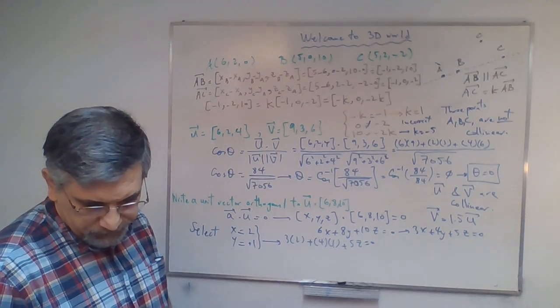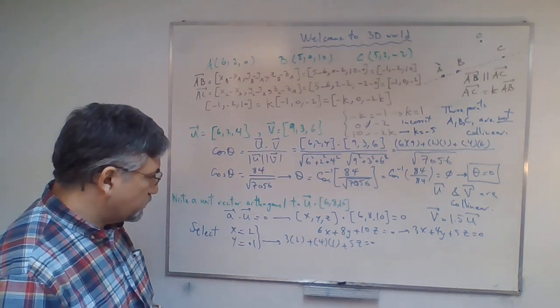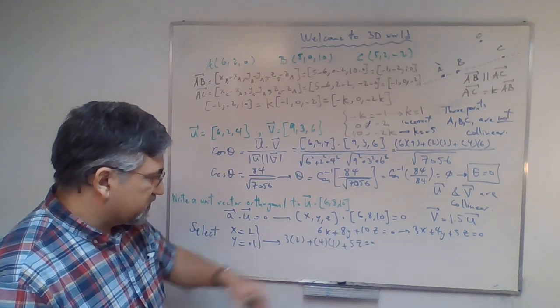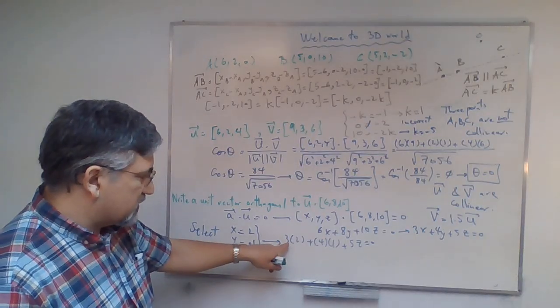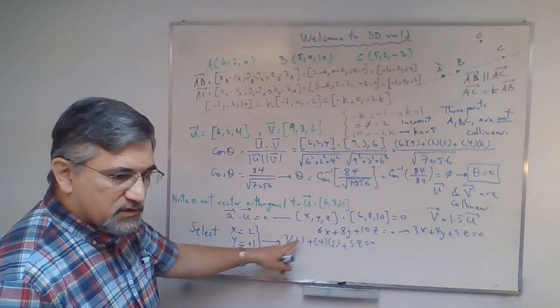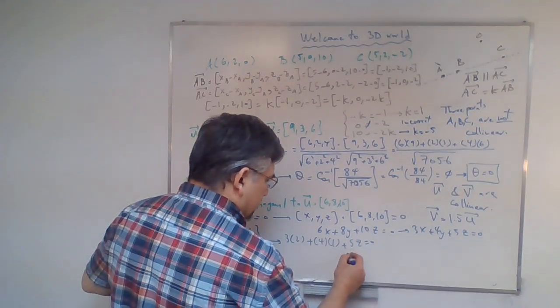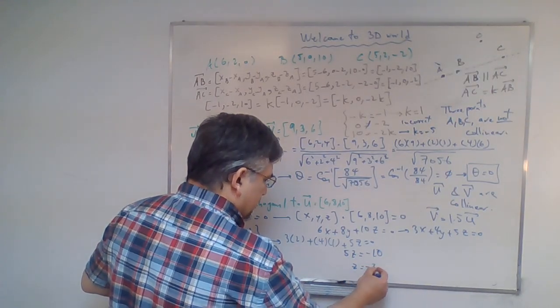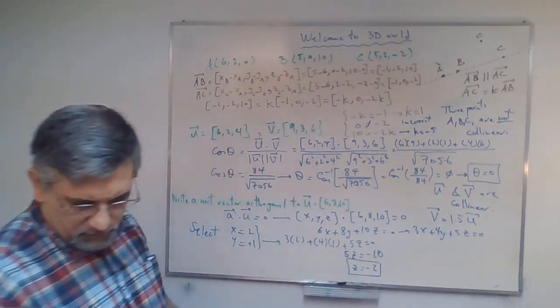x is 2, so 3 times 2 is 6. 4 times 1 is 4. 6 plus 4 is 10. So that means that 5z equals negative 10, and z becomes negative 2.